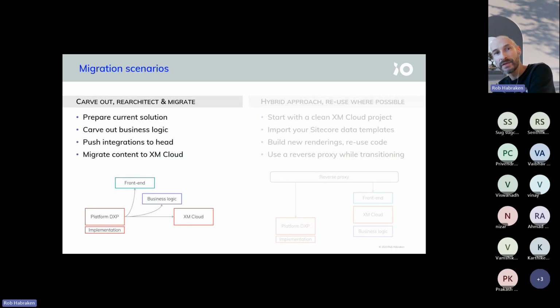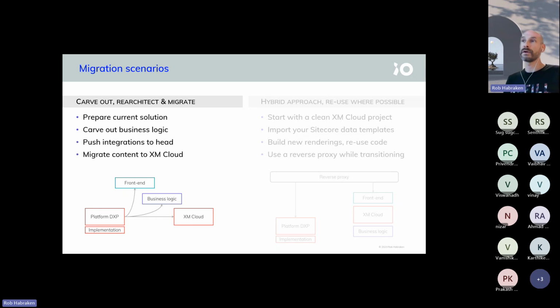So when you look at the migration scenarios that follow from that, and I don't want to go into detail here because I think this topic warrants a talk on itself, but to give you an idea on the options that you have in migrating your current solution to XM Cloud, you have basically two options. As you've seen, we want to push integrations to the front end, and we want to extract business logic from our platform DXP implementations.